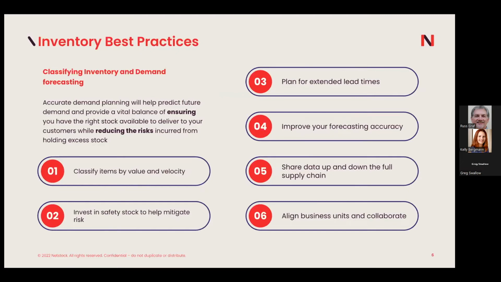And so we like to think in terms of best practices, but there's really three components to that. There's a people component, there's a process piece, and then there's the technology piece, right? So we've got to have the right people in place and have them trained up correctly.